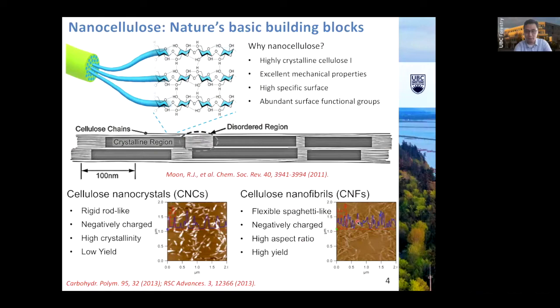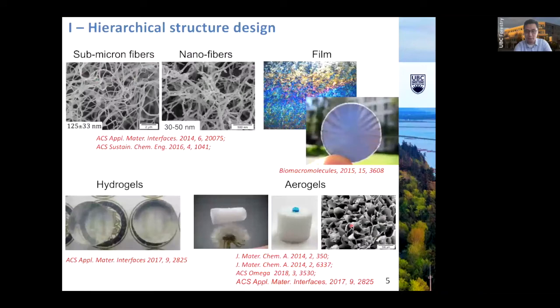The majority of my work here is on the cellulose nanofibers. I show here the AFM image. After isolation, the nanocellulose is present mostly in an aqueous suspension. It looks transparent. In the lab, we want to turn the transparent suspension into some form you can handle and see. This relates to our research on the hierarchical structure design.